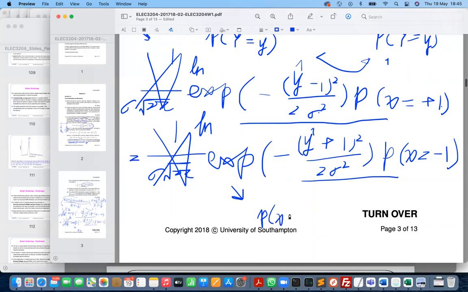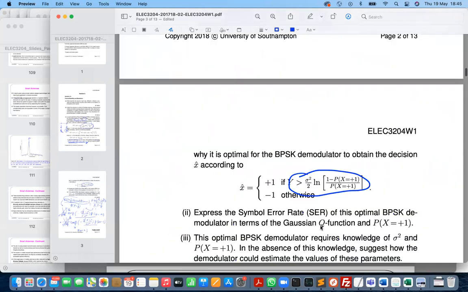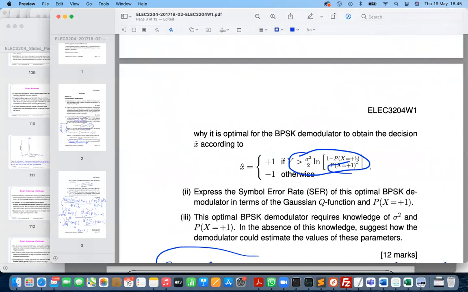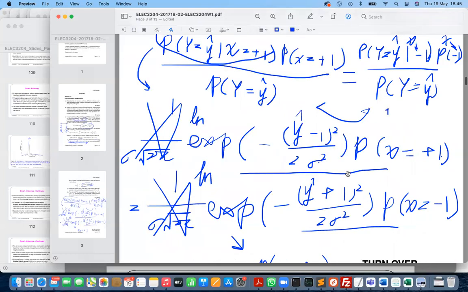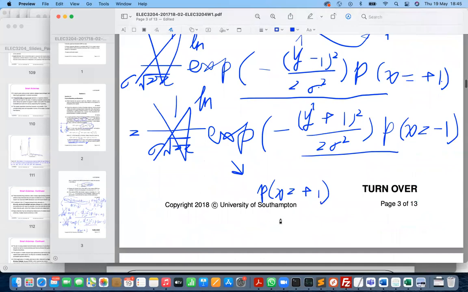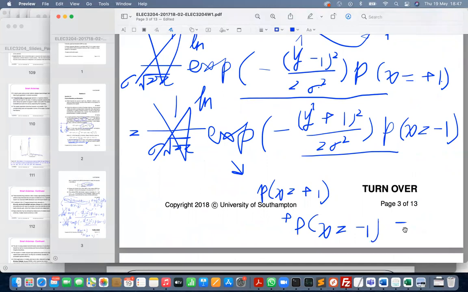So another thing here is P(x) equals positive 1. So here, the probability of x equals positive 1 plus the probability of x equals negative 1 should be 1, right?